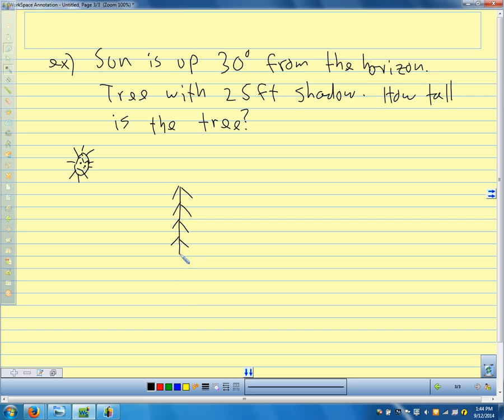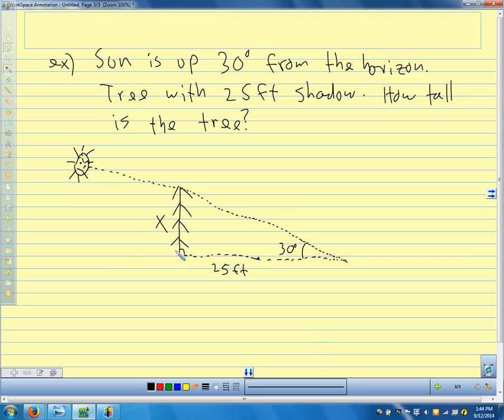And it says the shadow is 25 feet, so the shadow goes to here. And we're assuming that this is a 90-degree angle. And it says the sun is up 30 degrees from the horizon. I didn't draw my picture really well, so I need to draw my shadow a little longer. There we go. So this is 25 feet, and this angle is 30 degrees. And it wants to know how tall the tree is.